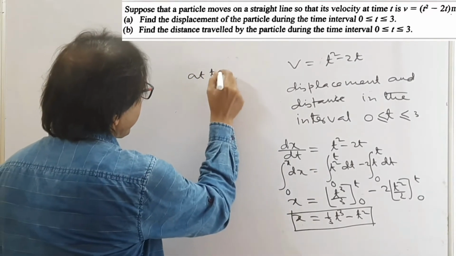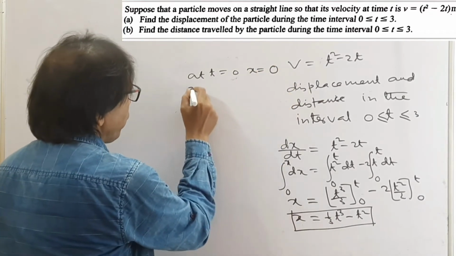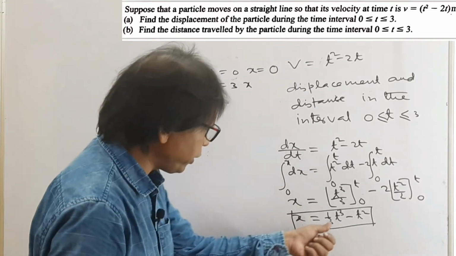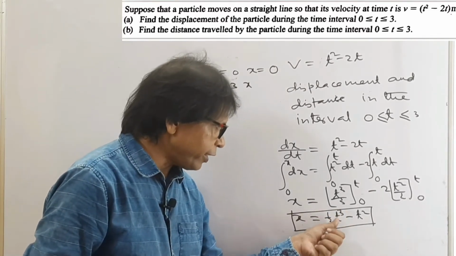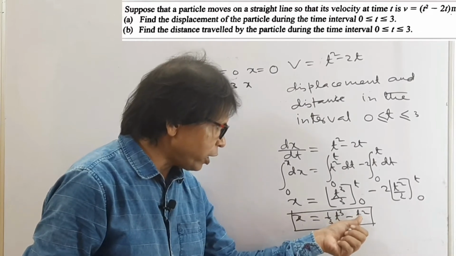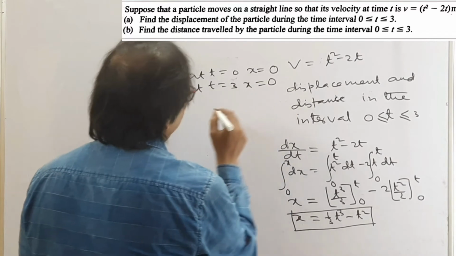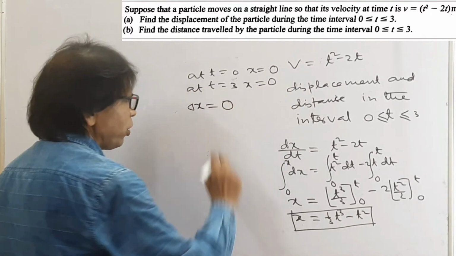At t = 0, x = 0. At t = 3, x = 27/3, that is 9, minus 3², so this is also 0. So the displacement Δx equals 0.